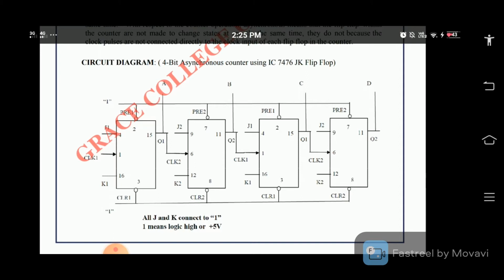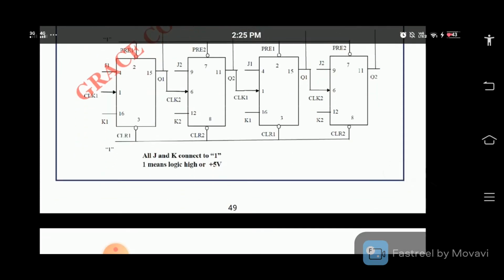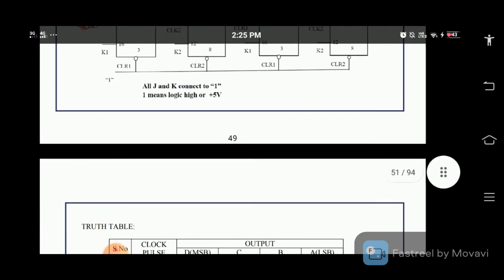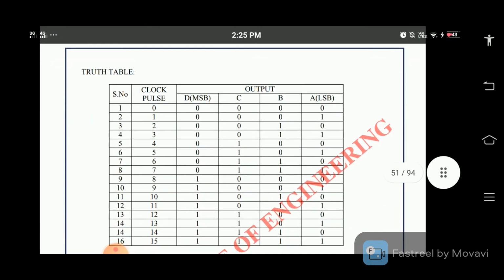For J and K we need to give the high value as 1, that is plus 5 volts, and this is the truth table for our asynchronous counter.